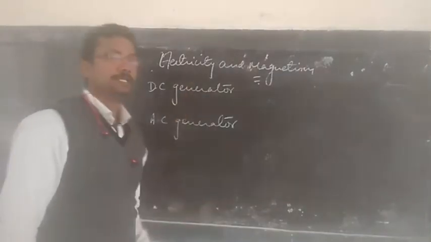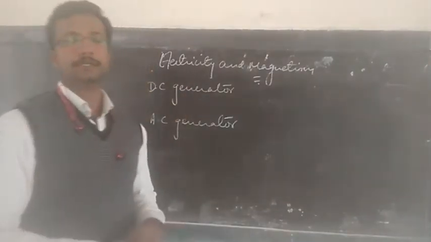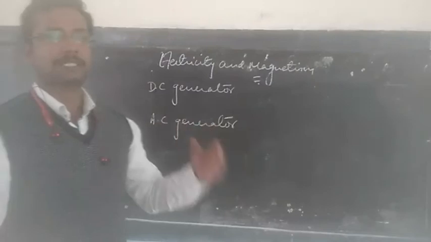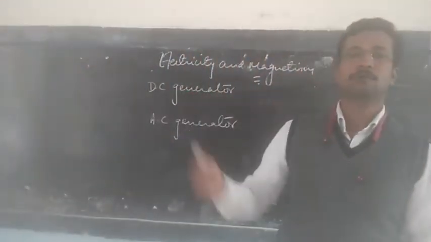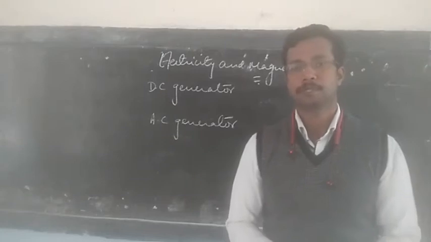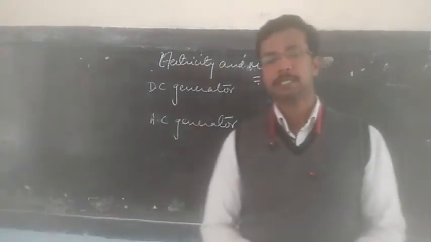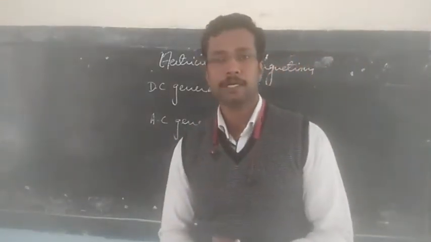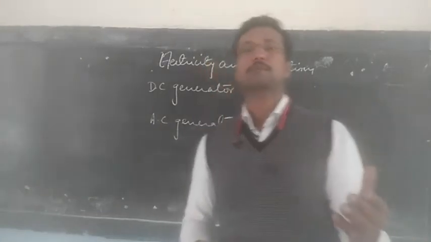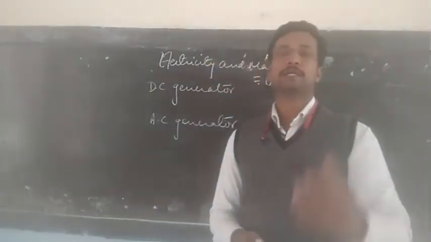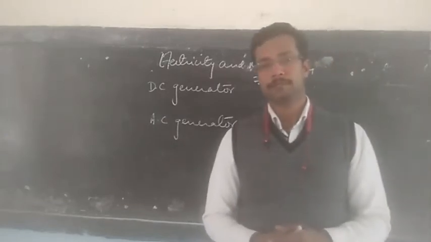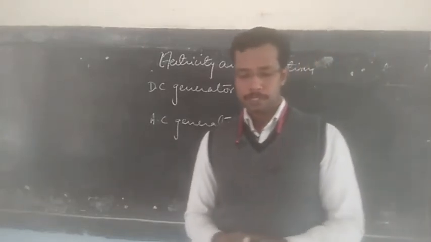Using the DC generator we can produce a direct current, that is, this generator converts mechanical energy into a direct current. Whereas with the help of the AC generator we can produce alternating current, or in other words this generator converts mechanical energy into an alternating current. So these are the two generators we have.